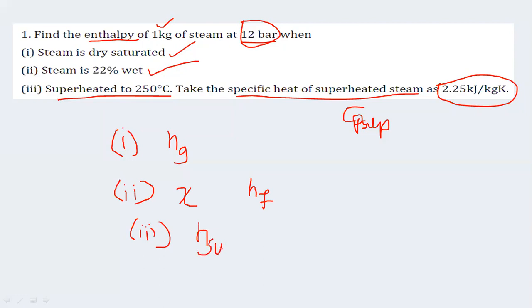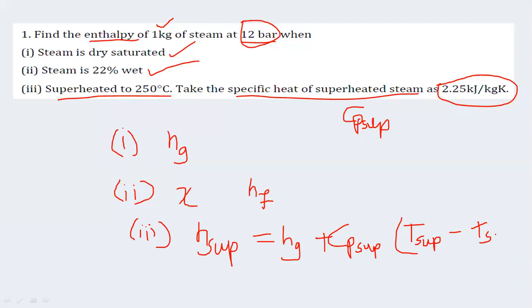For this h sup, we have an equation: h sup is equal to hg plus Cp sup, that is the specific heat of superheated steam, into T superheated minus T saturation, that is T sup minus T sat, the saturation temperature.